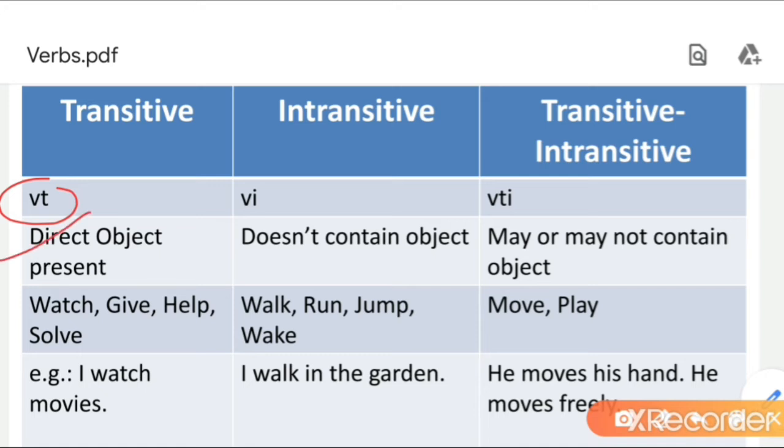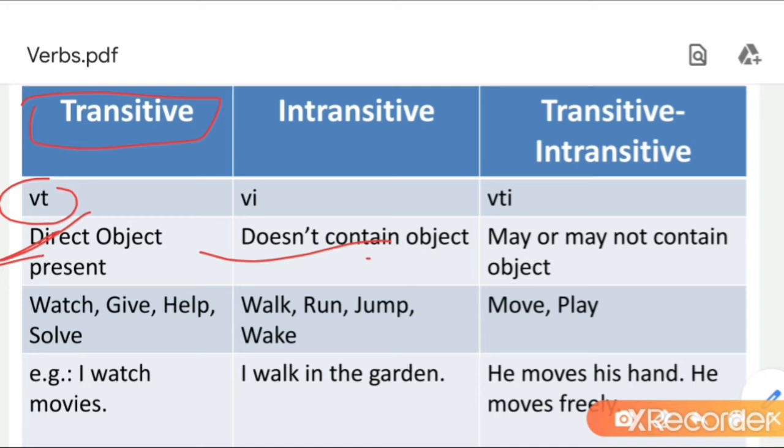Now, these are important points to be remembered. First one is direct object. That means how to guess a transitive verb. We can guess transitive verbs by seeing the presence of a direct object.